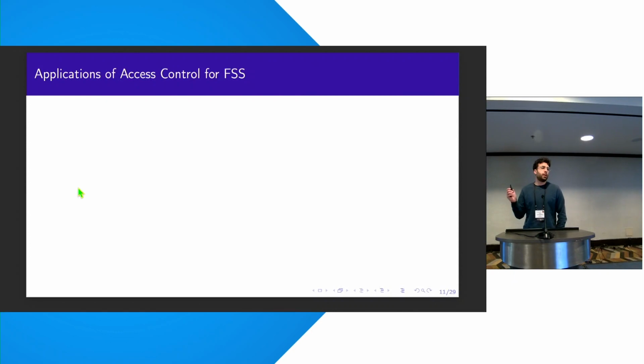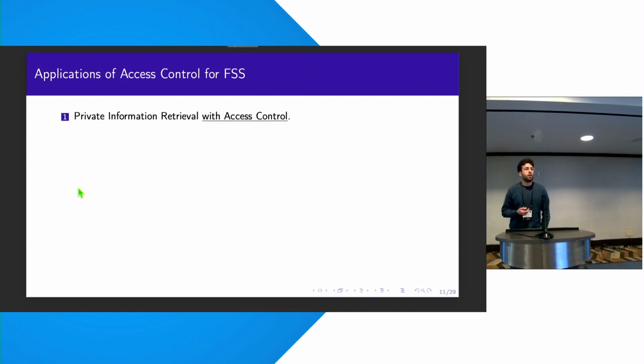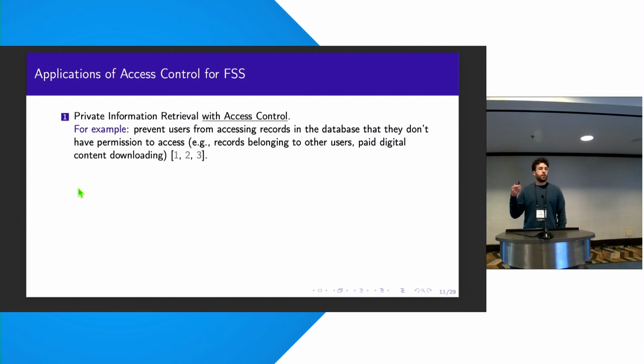Some applications of access control for FSS include private information retrieval with access control. For example, if you have a setting where some users have access to some database records, whereas other users have access to other database records, access control for FSS can enable enforcing access rights over the database.